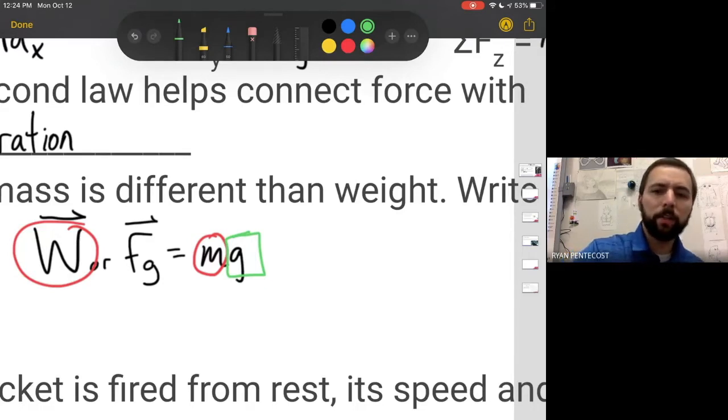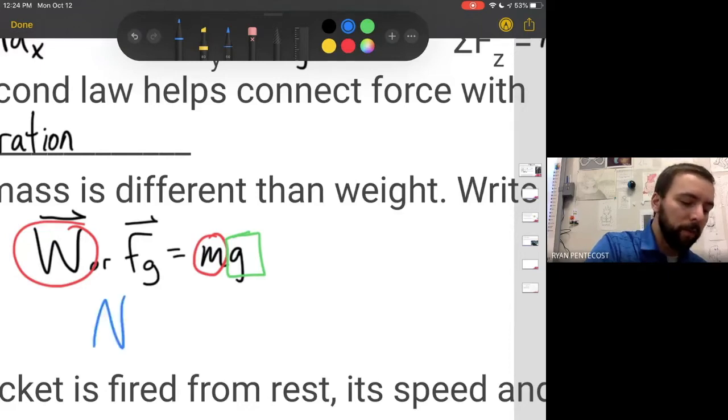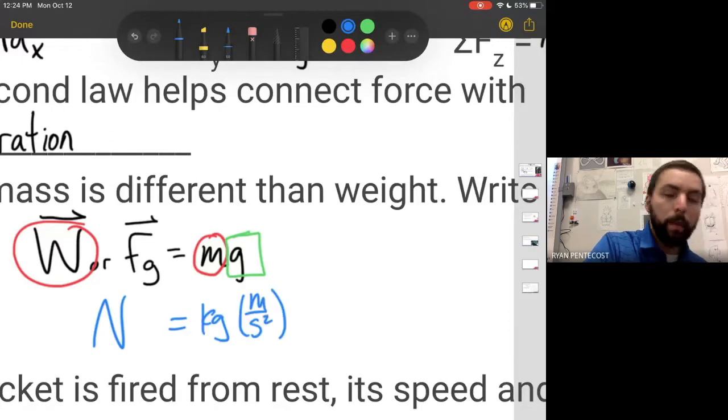It also asks us to write using scientific, or SI, units. The unit for weight, or F of G, is newtons. The unit for mass is kilograms, and the unit for gravity is meters per second squared. So mass is in kilograms, weight is in newtons.